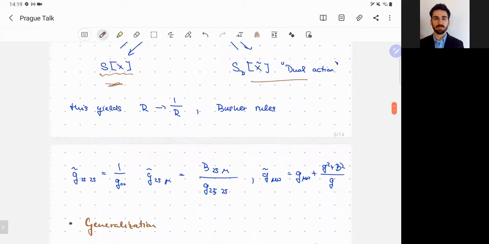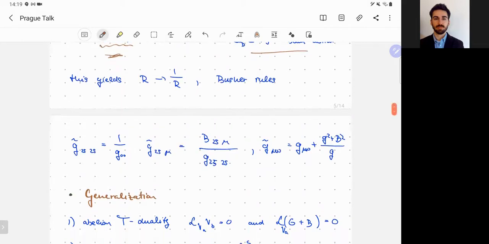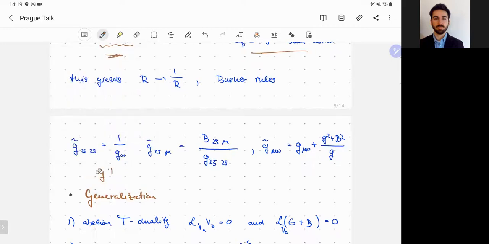For more general geometries, we get these so-called Buscher rules, which I spelled out. It's really some nonlinear transformation of the G's and B's of the original model being transformed to some G tilde and B tilde of the dual model.